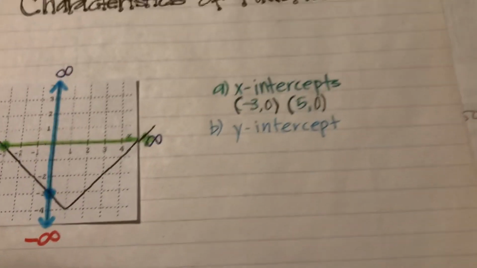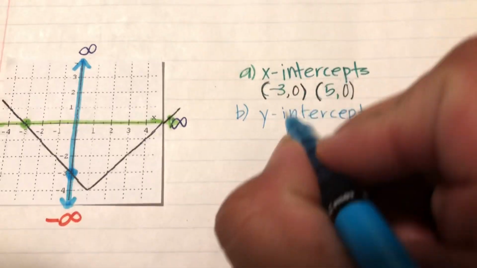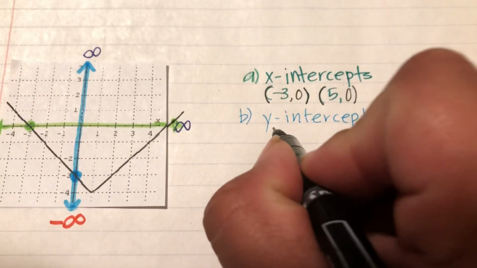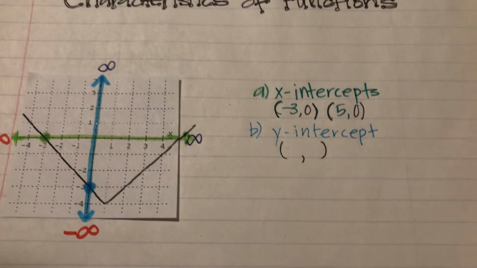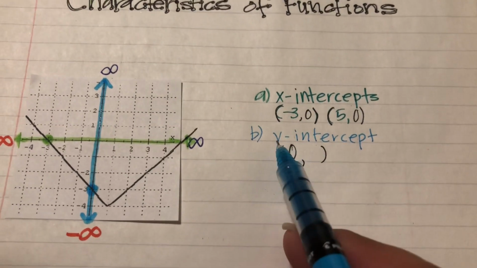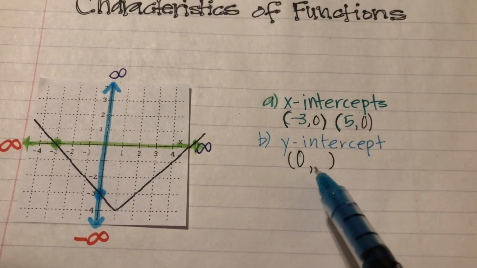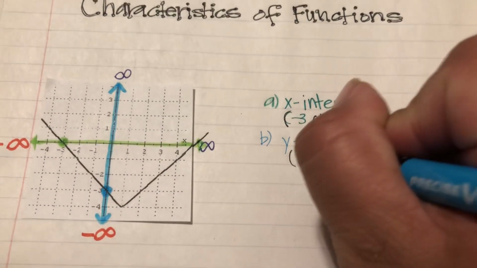So now this is opposite of the x-intercept. Here we're gonna have our frame, but our 0 is gonna be on the x. And the number that we're looking at, since it is on the y-axis, that is in our y spot. So -3.